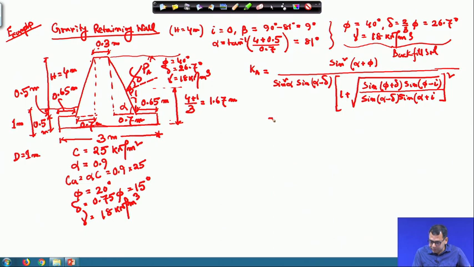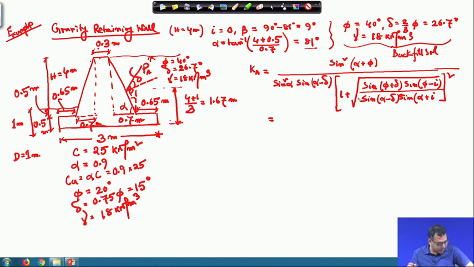So, you put alpha is equal to 81 degree, phi is equal to 40 degree, because when you calculate K, you use the backfill phi. So, this is the 40 degree and delta is 26.7.